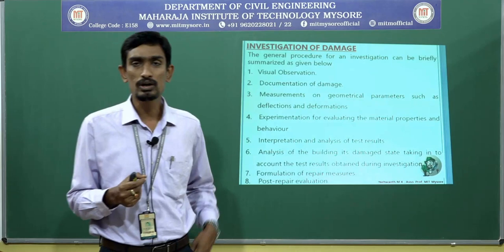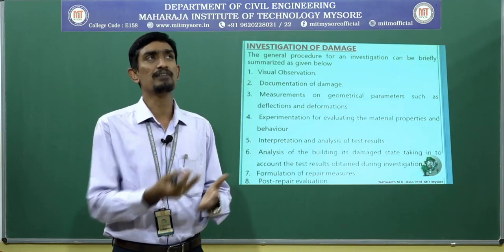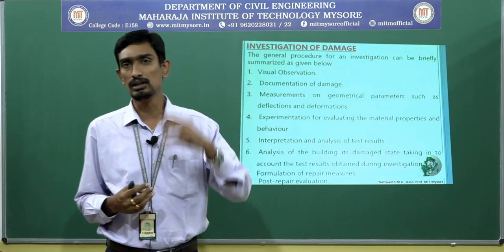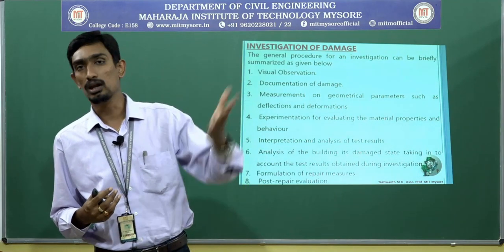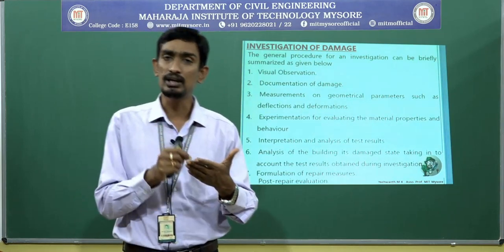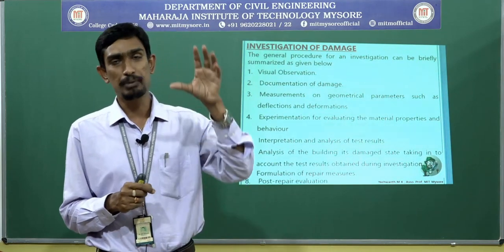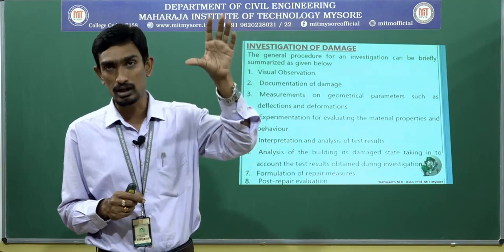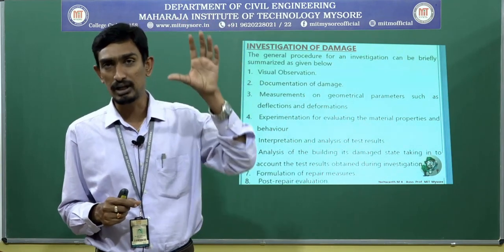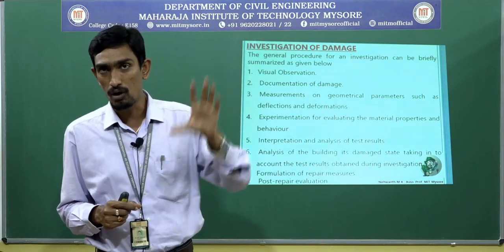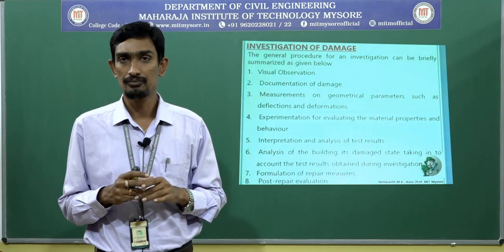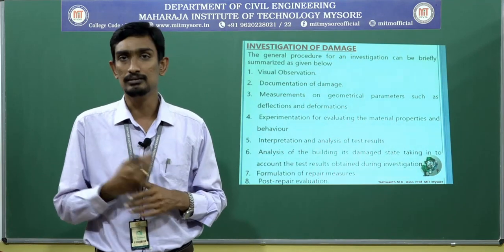For example, if I observe any damage in a beam, column, slab or wall, I need to document that on this particular floor, this particular column number, beam, slab or wall, so and so damages have happened or may happen.